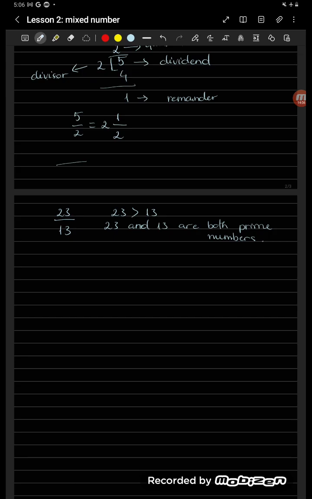23 is greater than 13. So what does it mean? It means so long as they meet both requirements like this, then we can write the fraction 23 over 13 as a mixed number.